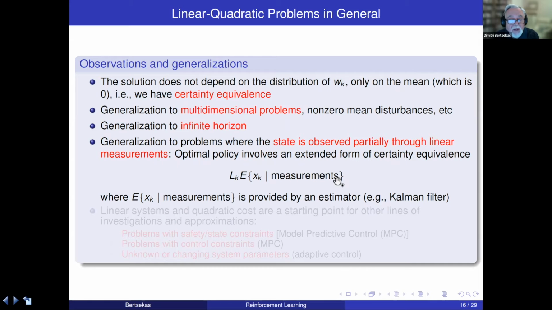This expected value is provided by some estimator, and there's something called a Kalman filter, which I'm not going to get into, but it's a convenient estimator for calculating this expected value. And the important thing is that this extended form of certainty equivalence holds even for these problems. It's one of the central results of control theory.